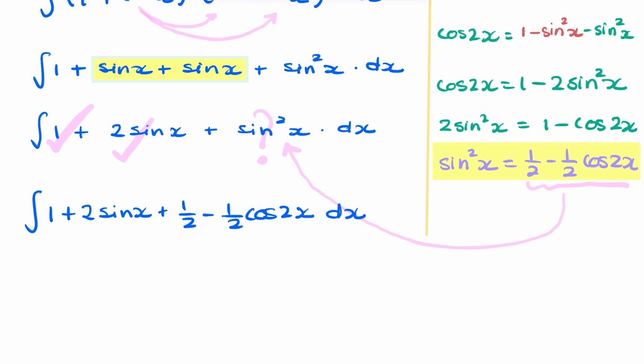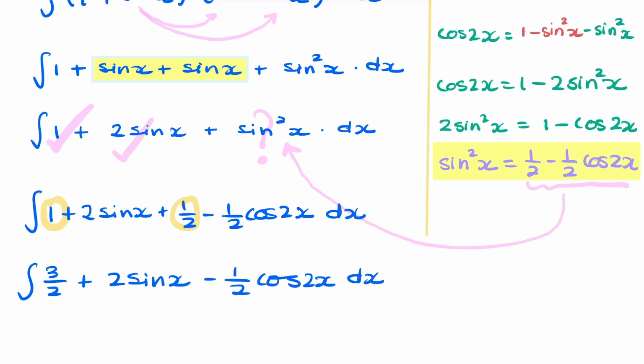And one more thing before I integrate, I'm going to combine like terms. So I get the integral of 3 over 2 plus 2 sine x minus 1 half cosine 2x dx.